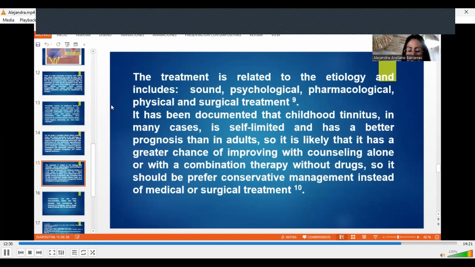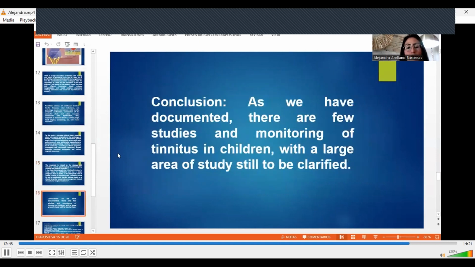For this reason, it is likely that it has a greater chance of improving only with counseling or with a combination of therapy without surgical treatment. And for conclusion, I would like to mention that, as we have documented, there are field studies and monitoring of tinnitus in children, with a large area of study still to be clarified.